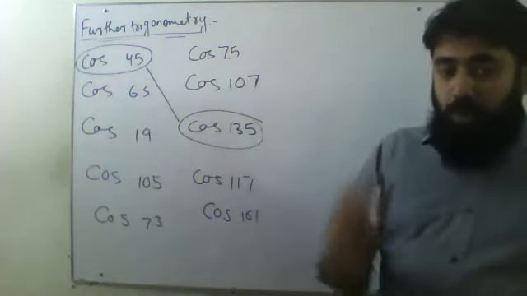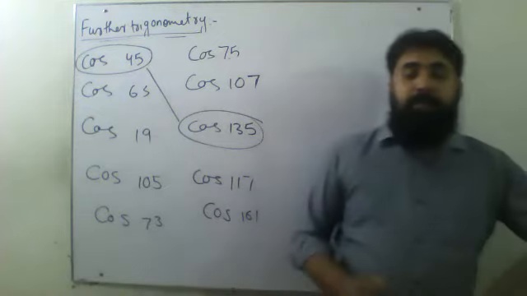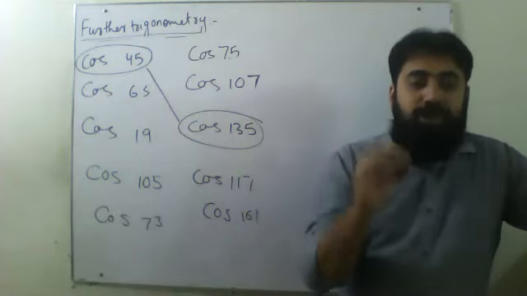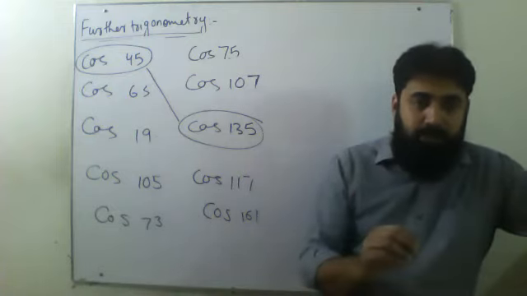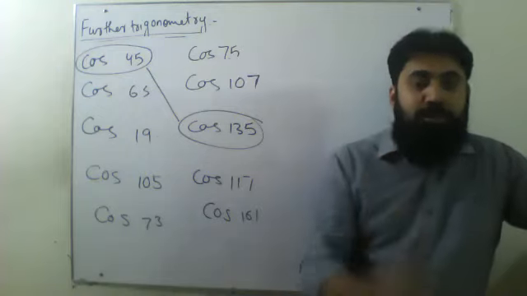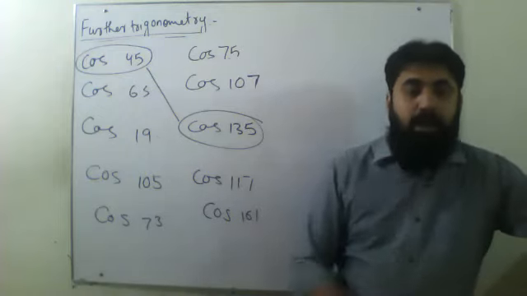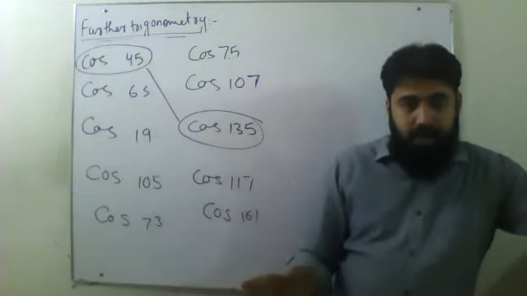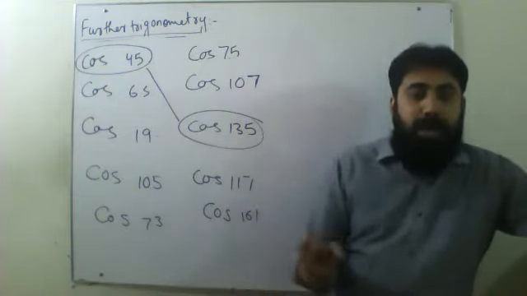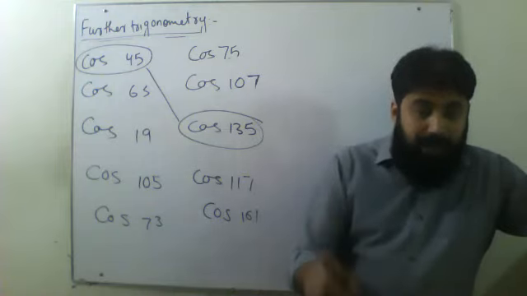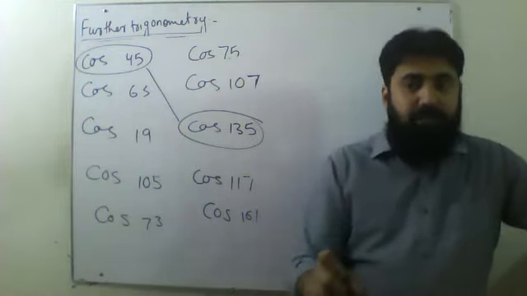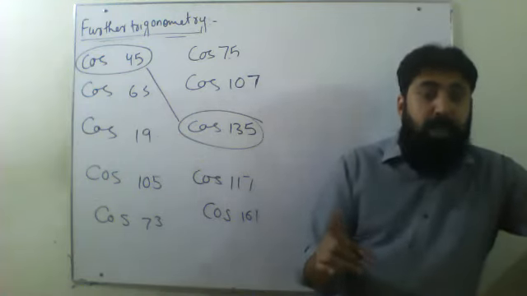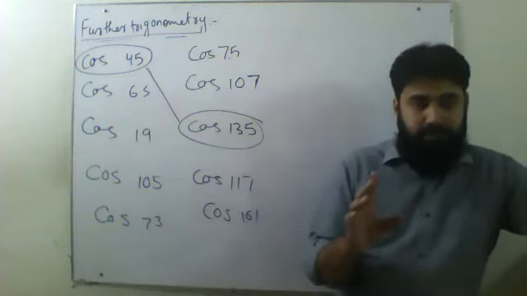Okay. So what will you say? You will write that cos of two supplementary angles are equal by value, but will have different signs.